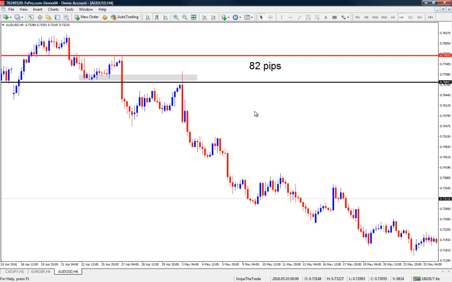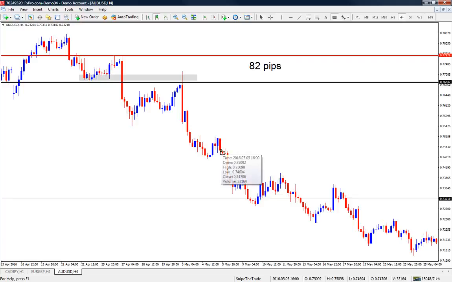And what we need to do here is wait for price to retrace and form an area of supply. Right here we have a candle whose body is 50% or less of the entire height of the candle. So this is the base candle, all right?